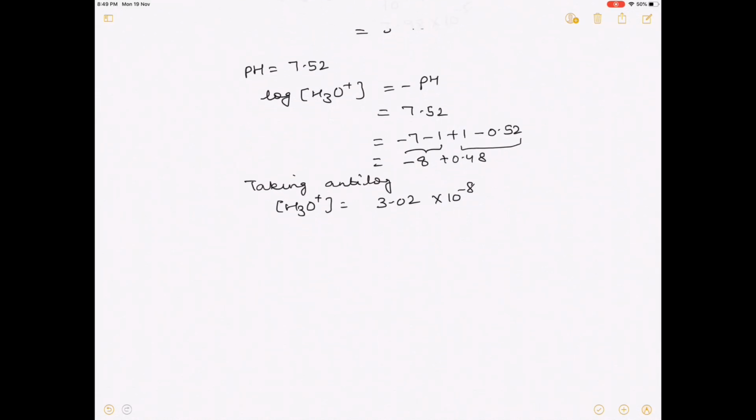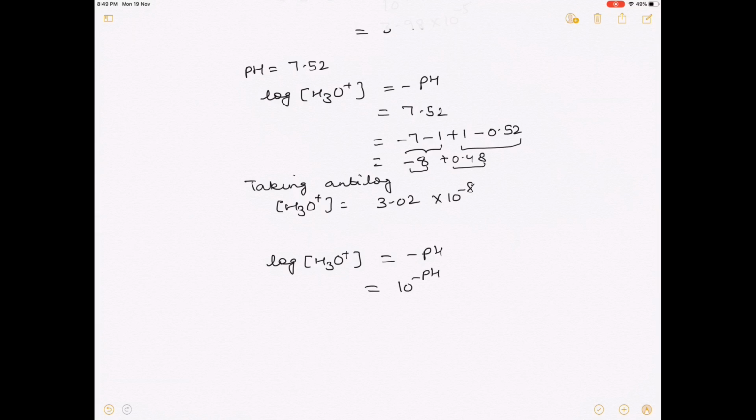Clear? This will appear as the power, and this is the mantissa, for which we have to find the antilog using the antilog table. Again, if calculators are allowed, then we can also find it using a calculator.